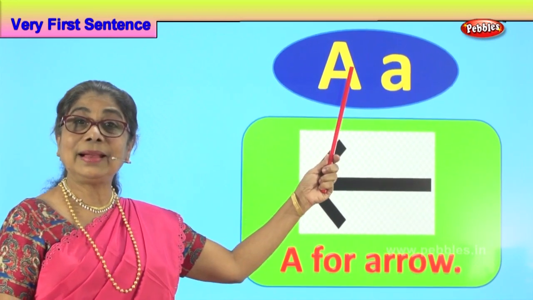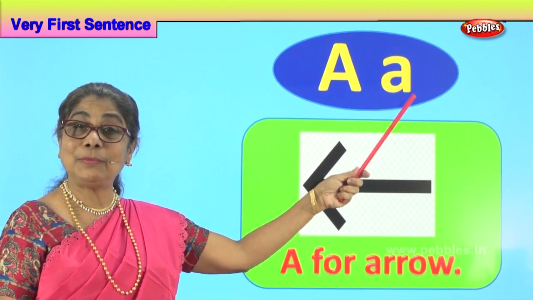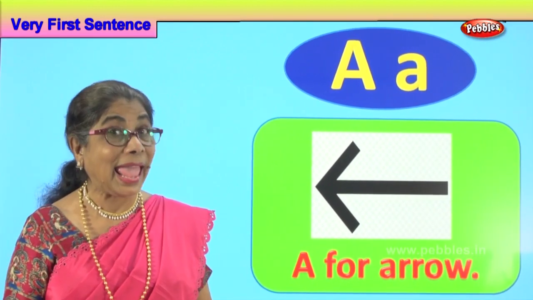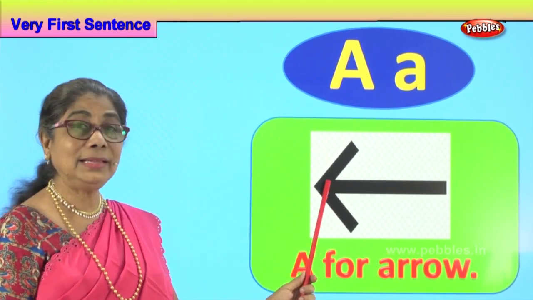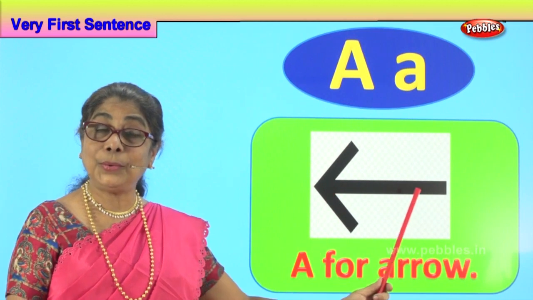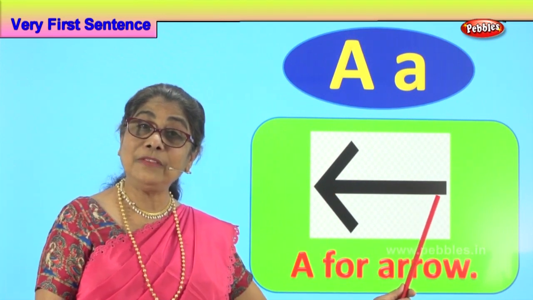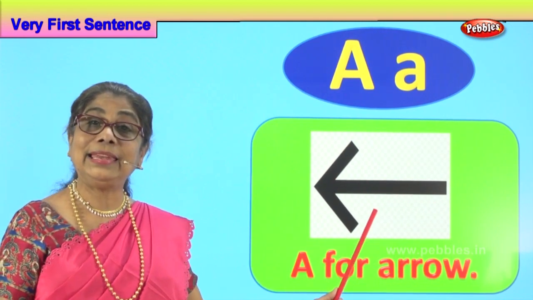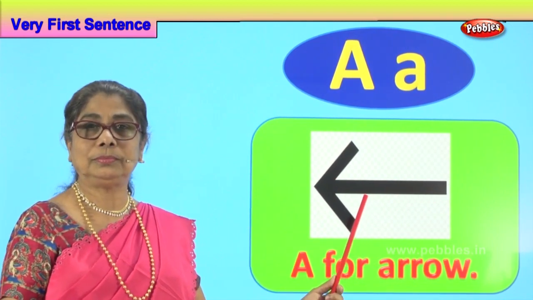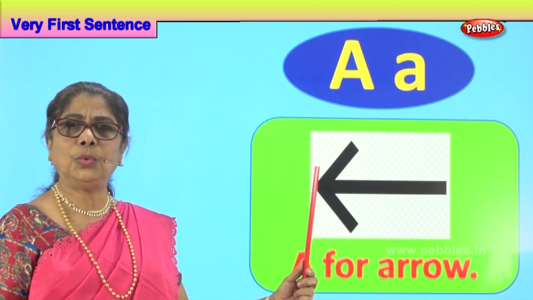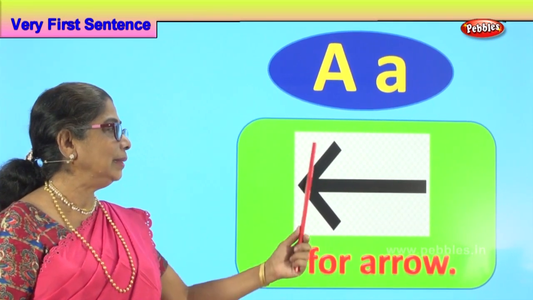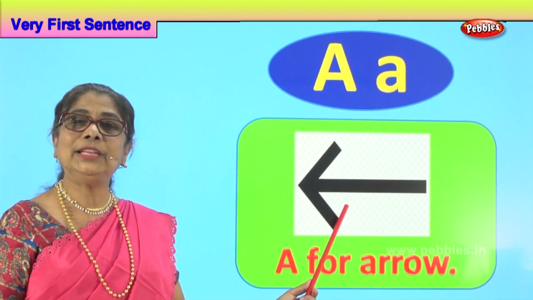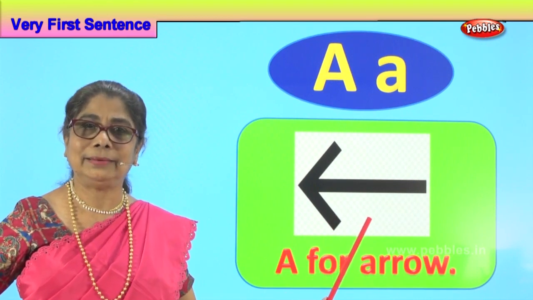What letter? Big letter A, small letter A. Sound A. And what is this? Arrow. Wherever you go, you see an arrow indicating where to move. Anywhere you go, when you find this sign, it means you can go that side.